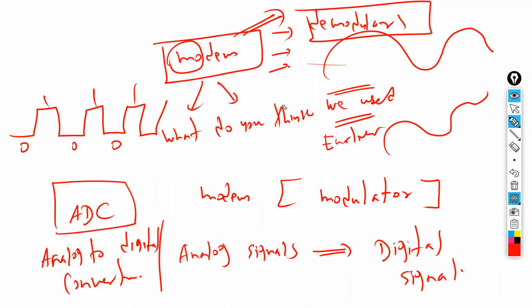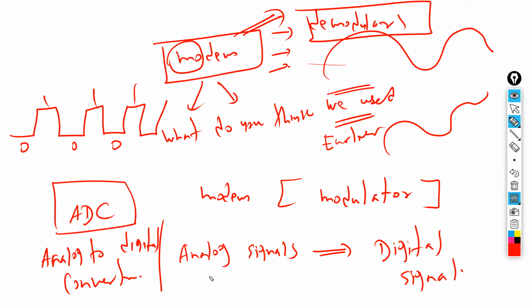Now we are converting analog signal to digital signal, right? So what do you mean by the reverse? Can you think about the reverse side of this? Digital signal to analog.